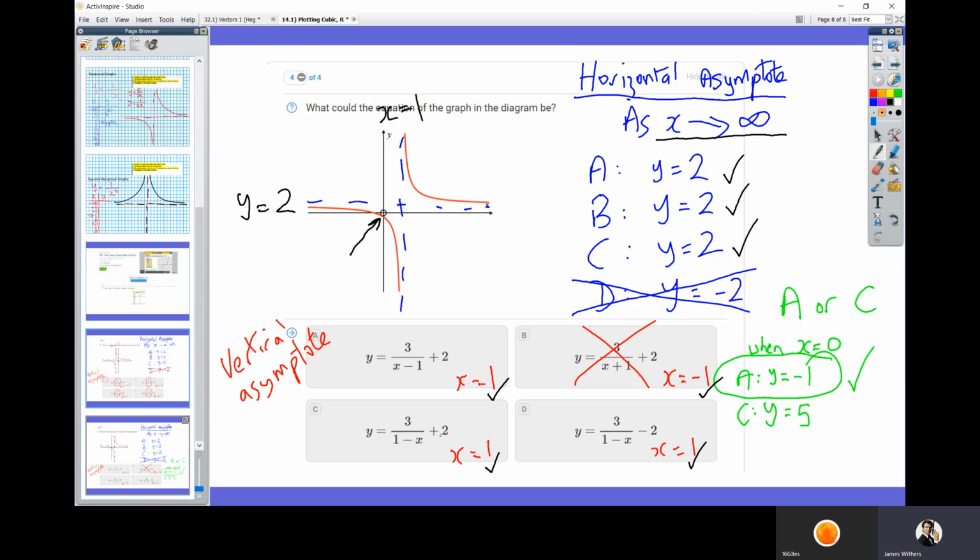Given that we can see that when x is 0 in our diagram, y is a small negative number, we are therefore concluding it can't be C, it must be option A. Okay, and so that's taking you through all 3 tests. Now that's really difficult. That's sort of further maths standard, but it's quite nice to have come across one of those. Make sense? Yeah. That's perfect. Okay, cheers, George. Thank you. Bye.